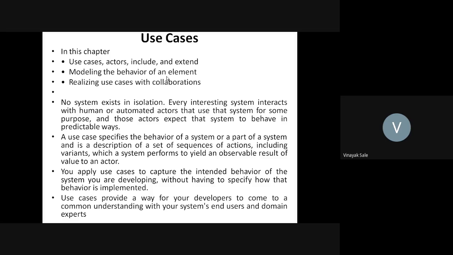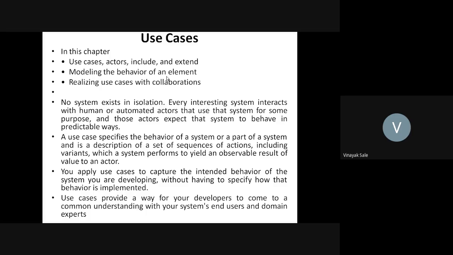So here the ATM acts as an actor like a human. Every interesting system interacts with human or automated actors that use the system for some purpose, and those actors expect the system to behave in a predictable way.